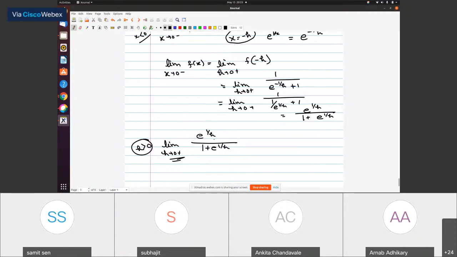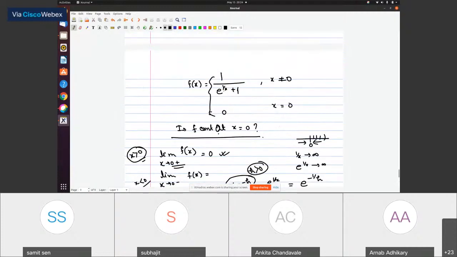Because in that step only I can see that e power 1 by h is going to infinity, so the limit is 1. It is clear now. So left hand limit is not equal to the right hand limit. That's why it's not continuous at x exactly equal to 0. Thank you, sir.